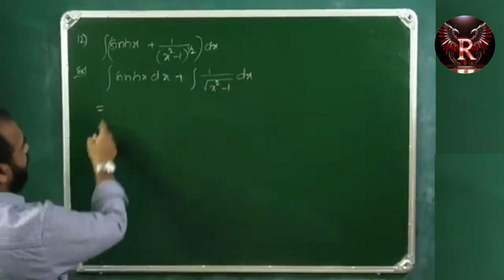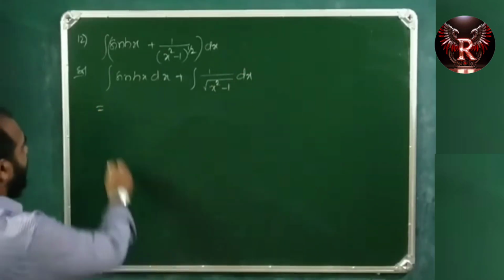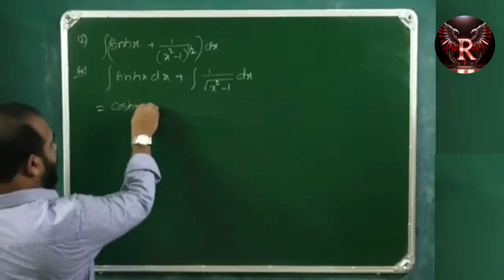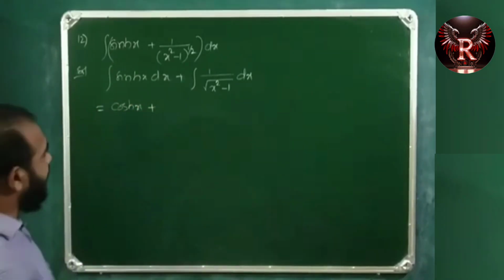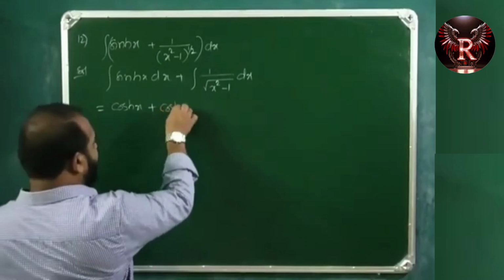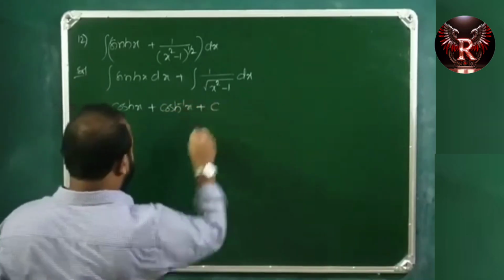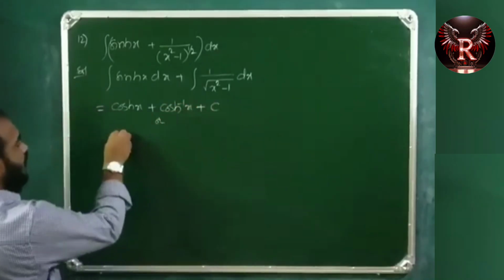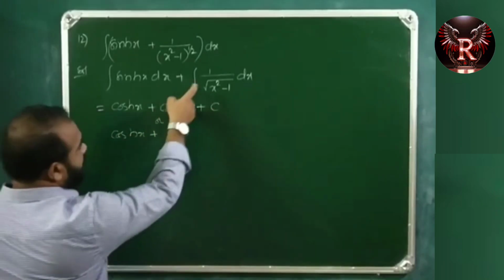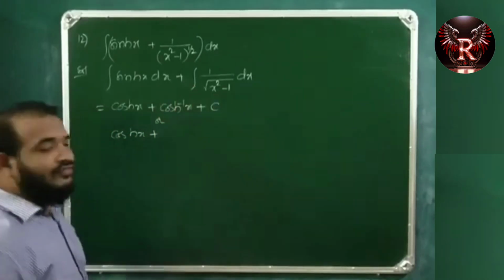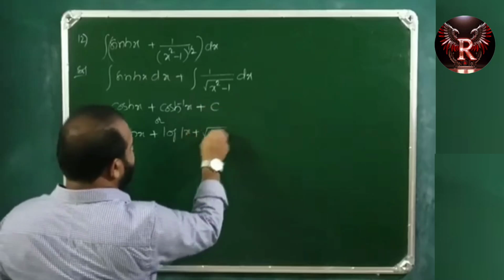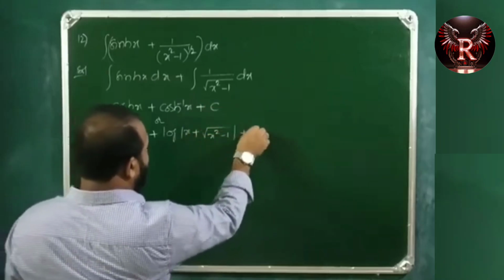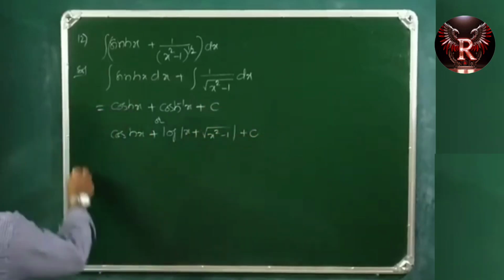Integral sinh x dx is cosh x, plus the integral of 1 by square root of x square minus 1 dx is cosh inverse x plus c, or cosh x plus, using another formula, log of x plus square root of x square minus 1, plus constant of integration c.